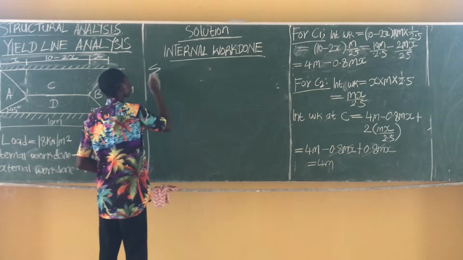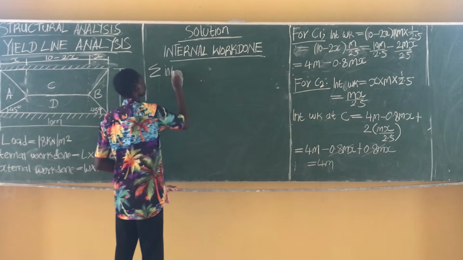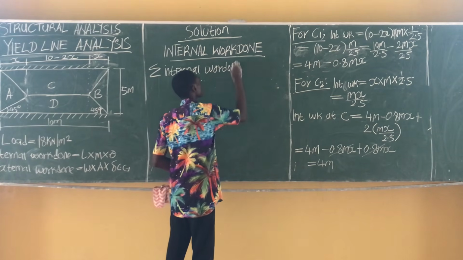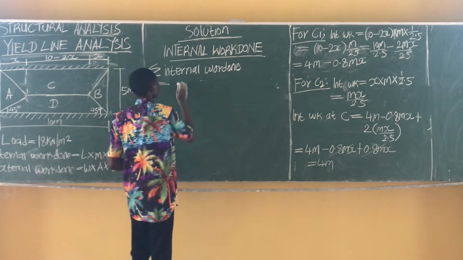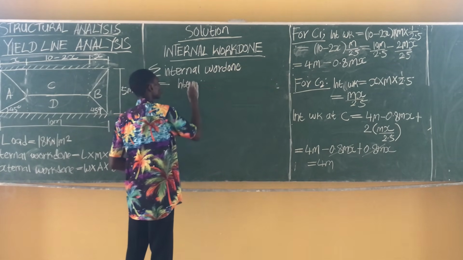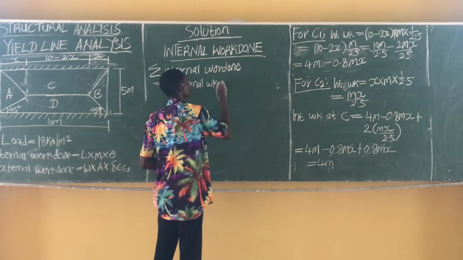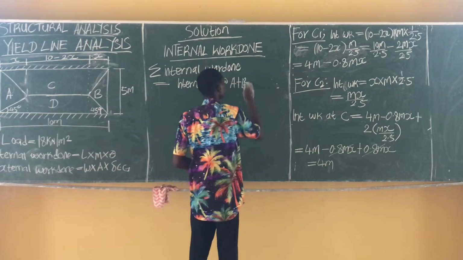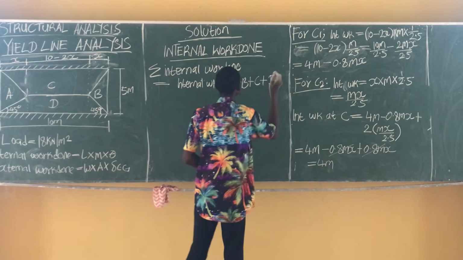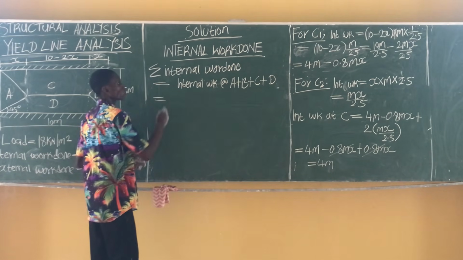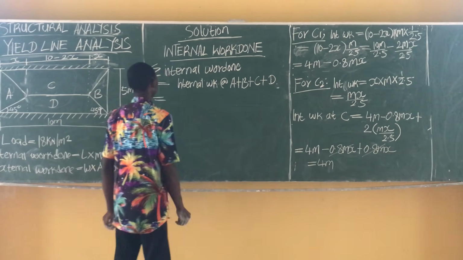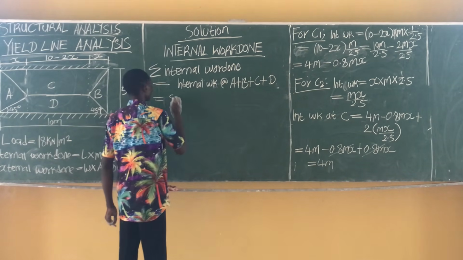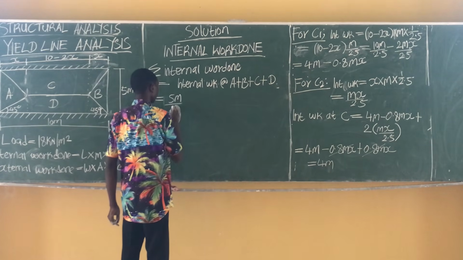Hence, summation of internal work done is simply equal to the internal work done at A plus B plus C plus D. And that is equal to, what's the internal work done at A? 5m over x.